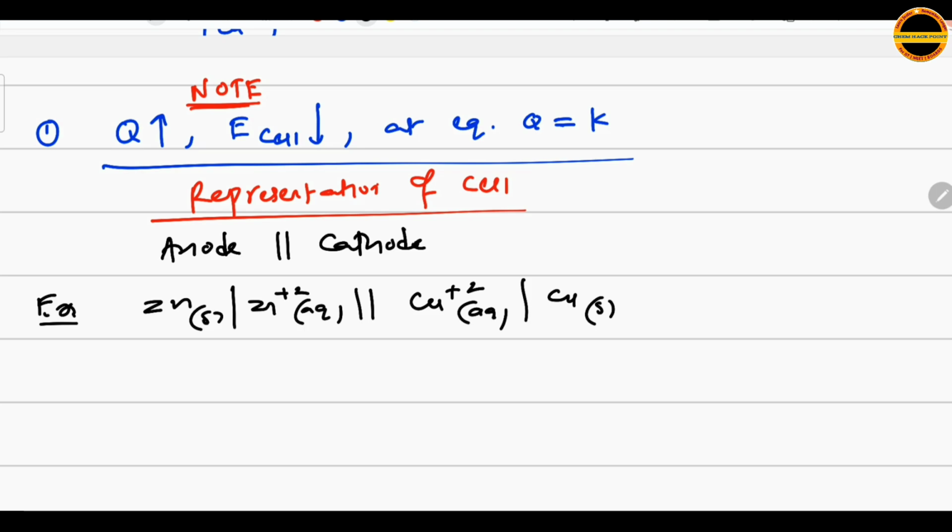It is the overall cell representation. So here we refer to this as the anode, this is the cathode, and the middle one is the salt bridge, connecting the both. First by default we take the anode, next one is the cathode. Okay.